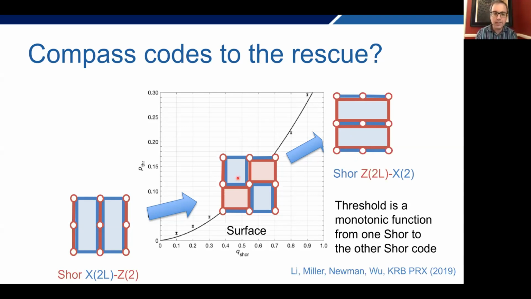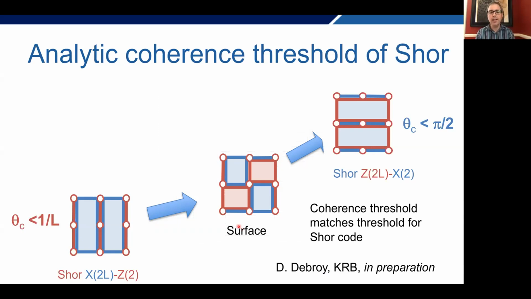Now what's nice is my student Dripto and I can actually calculate exactly the critical values for these two sides. And we see this side here is the 1 over L value of Iverson and Preskill.